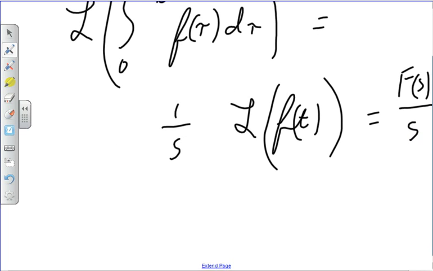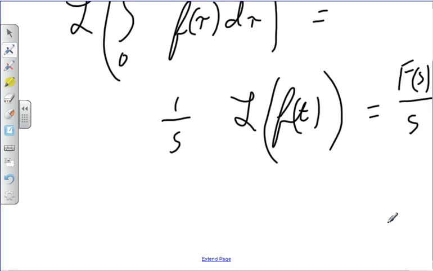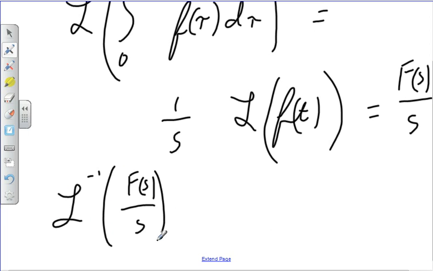And that's the same thing as if I were to take the inverse Laplace transform of F of s over s. If I were to do that, then I would get that integral.